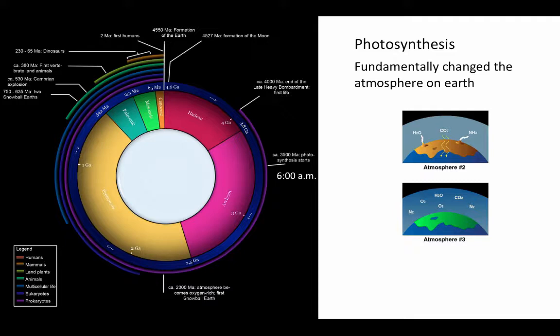And so it's really right around between 2 and 2.5 billion years ago that we start to get levels of oxygen that somewhat resemble the current atmosphere. We start to get this increase in atmospheric oxygen levels around 12 noon.